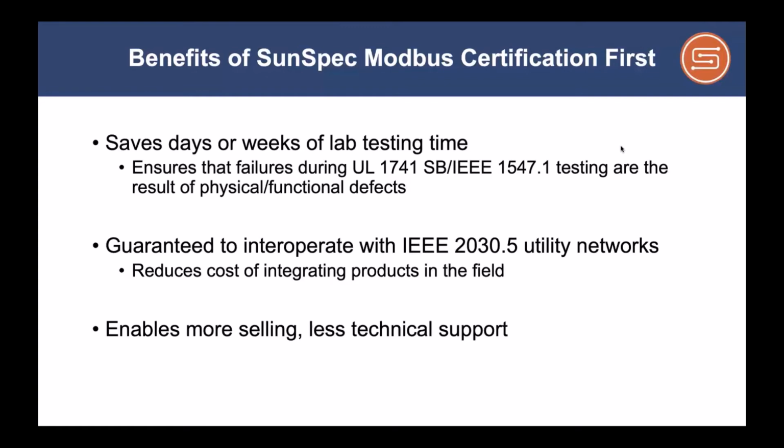They are built for different purposes. As I mentioned, Modbus is a field area network protocol versus 2030.5, which is for the wide area. So within the real world where these systems are built and deployed at scale, you're going to see a lot of these gateway devices. By getting certification, you can reduce your cost of integrating products in the field, and instead of doing debugging, you're doing more selling and less technical support.